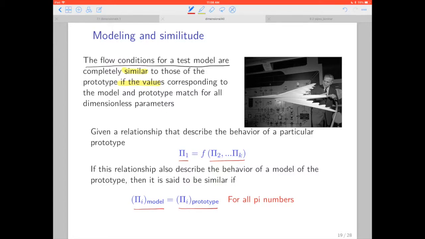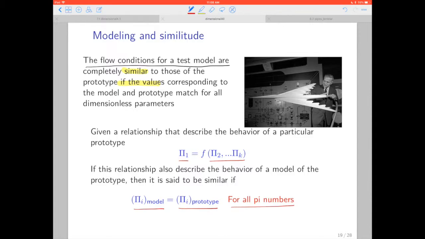Let's say, for example, we have Reynolds number and we have force coefficient. To be similar, the Reynolds number has to be equal in both cases, and the force coefficient has to be also equal. In that case, we can compare the results, and that's the way that we can actually predict what is going to happen. And to be fully similar, it has to be true for all pi numbers.